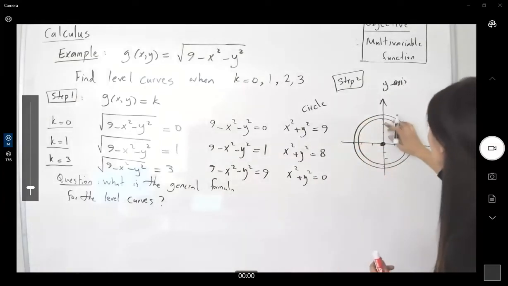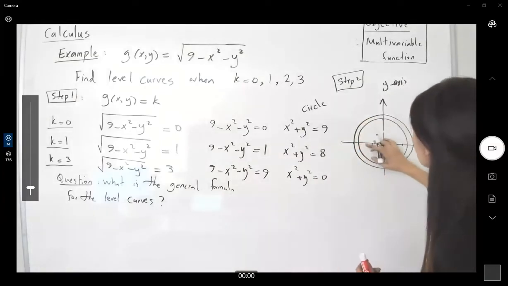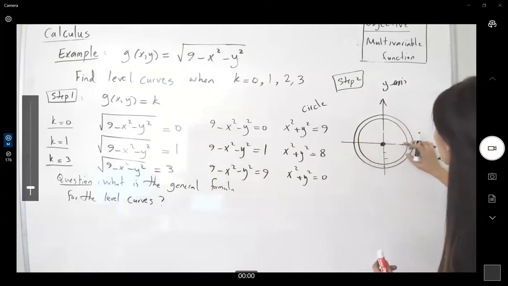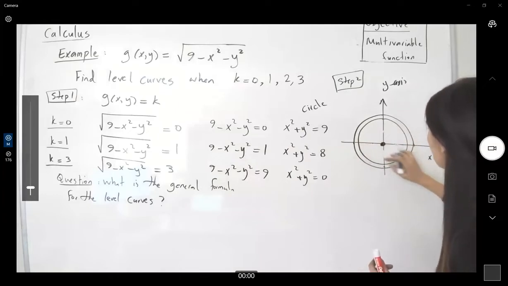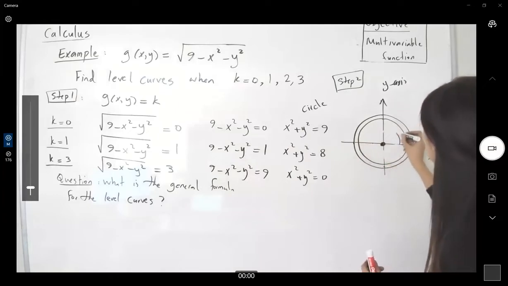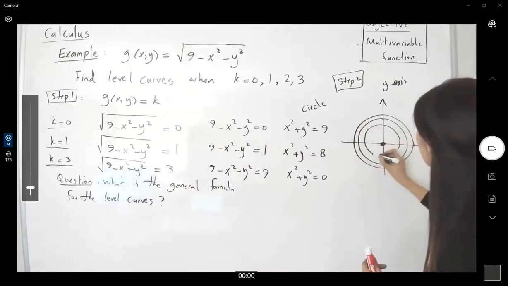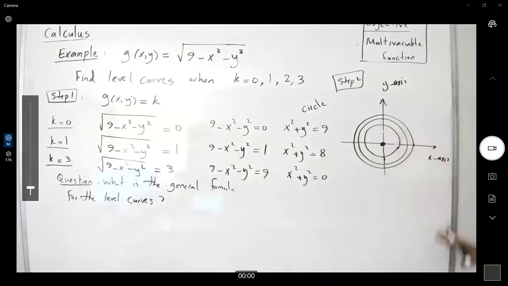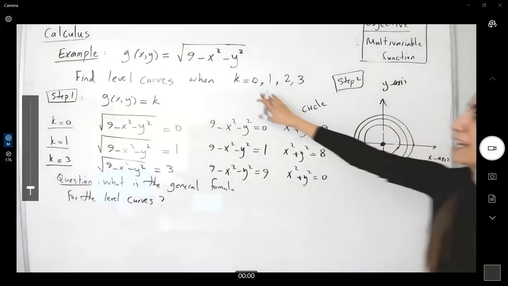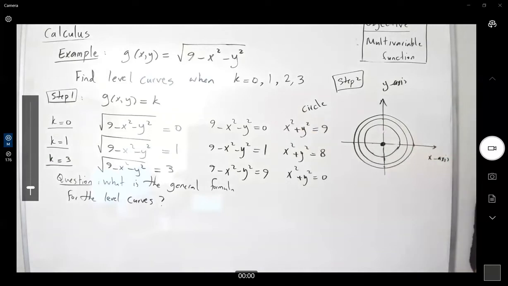Let's get rid of this scaling. It's going to show you how you can shrink these. Now this is the last inner circle, and then the origin. So these are the level curves when K is equal to 0, K is equal to 1, K is equal to 2, and K is equal to 3. These are level curves.